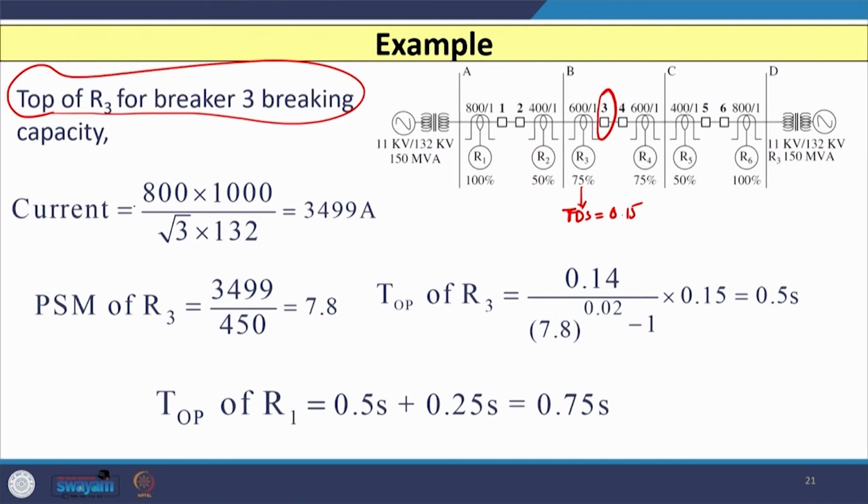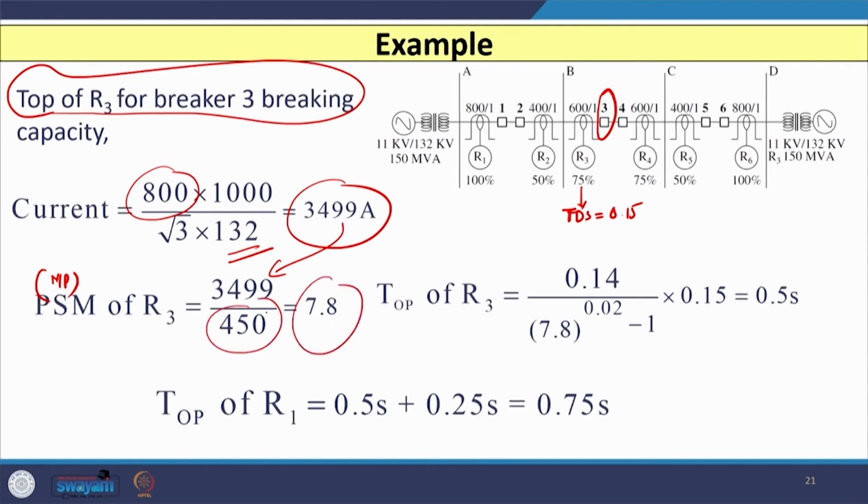So, if I consider breaker 3 with 800 MVA as the capacity and 132 kV as the voltage, this is the current you can calculate, and the multiple of pickup current of relay R3 is this value of current divided by 75% of 600, that is the pickup current.